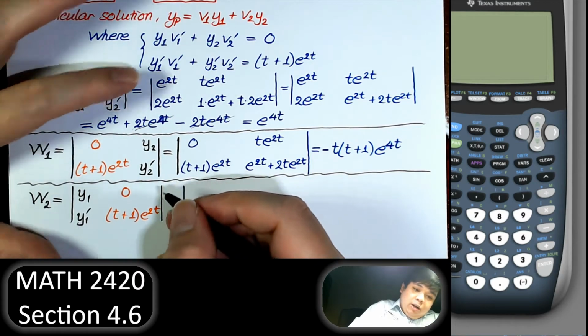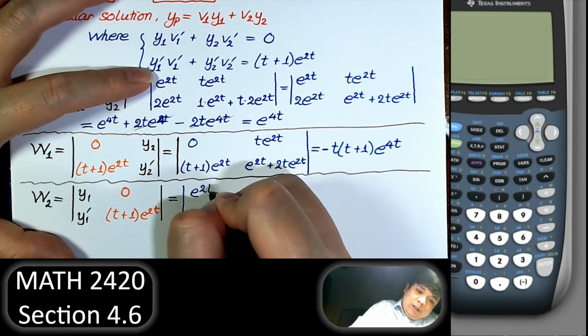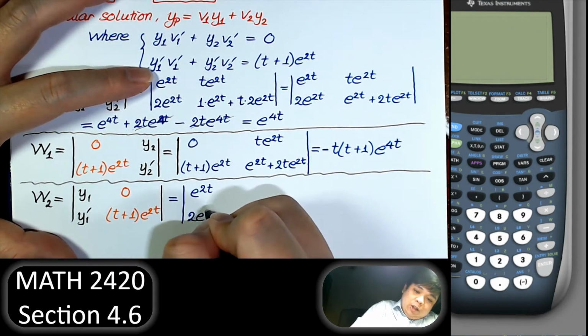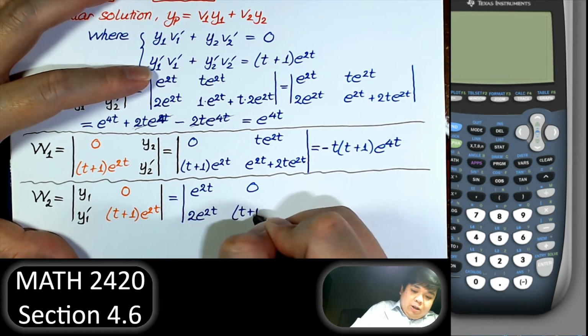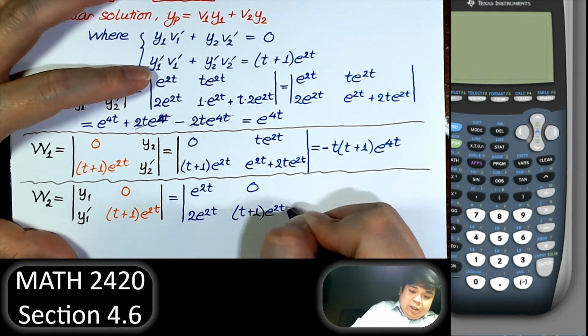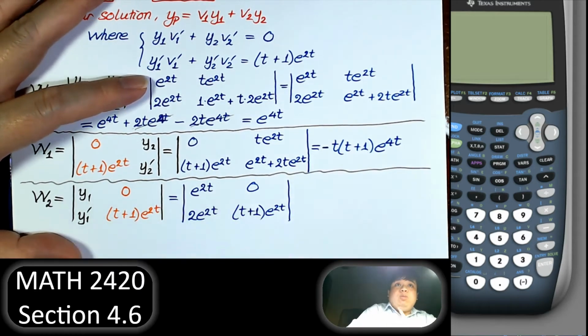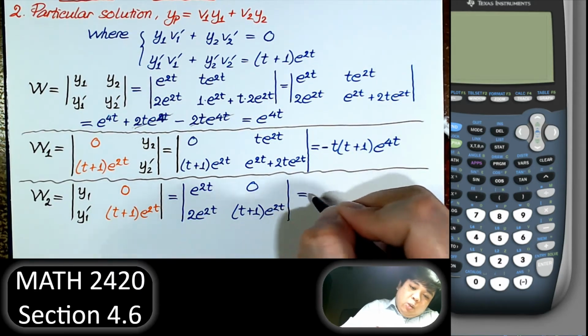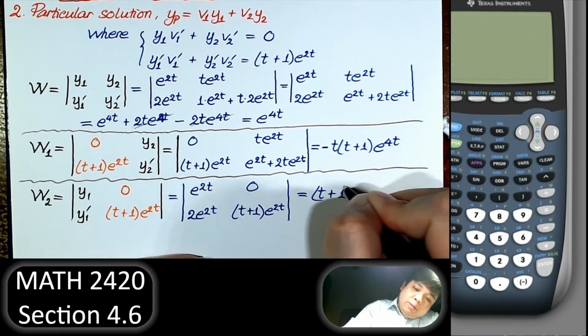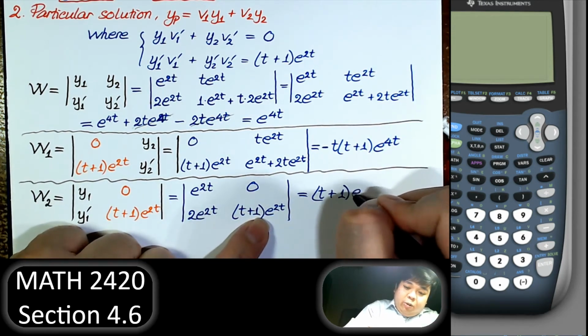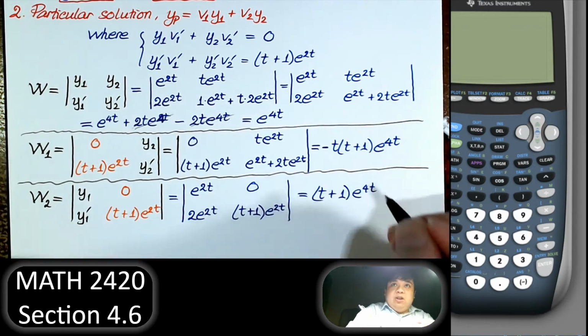Right, y1, e to the 2t, 2 e to the 2t, 0, t plus 1, e to the 2t. Cross multiply and subtract, we just have t plus 1 e to the 4t, the other is 0.